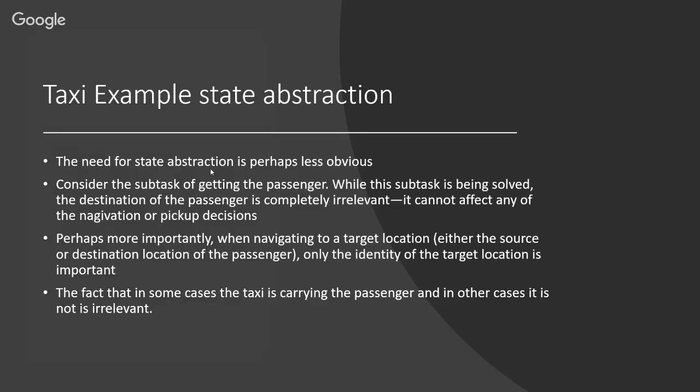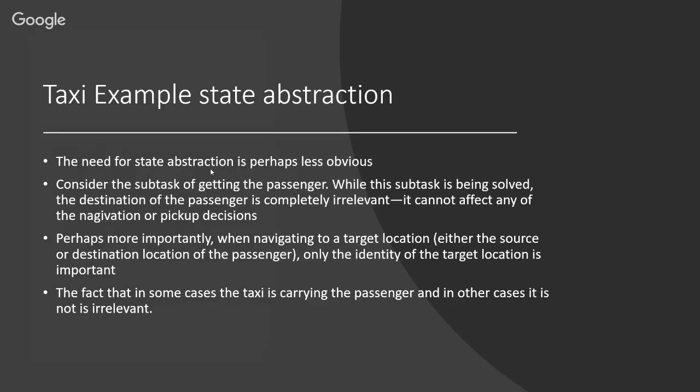Perhaps more importantly, when you navigate to the target location, either the source or destination location of the passenger, only the identity of the target location is important. But the fact that in some cases the taxi is carrying a passenger, in other cases it is not, is irrelevant. So, for example, when it is looking at the state and its first task is to get the passenger, it doesn't really care at that point about dropping off the passenger yet.